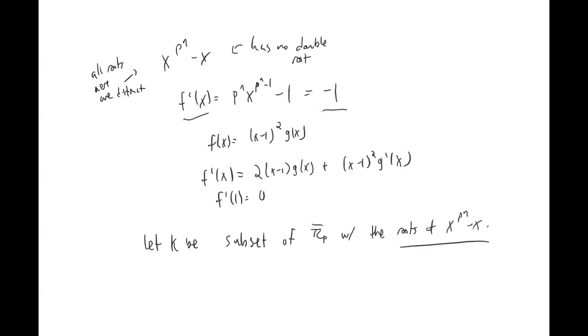And then the book shows it's a field. So no need to quotient out by anything. Just let K be the set of these roots and then show that it's a field. So it turns out that fields of order p to the n always exist.